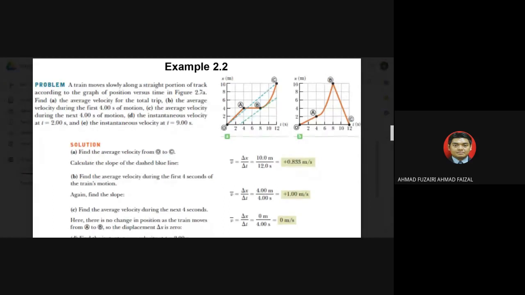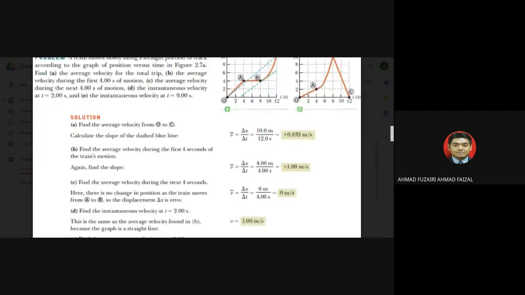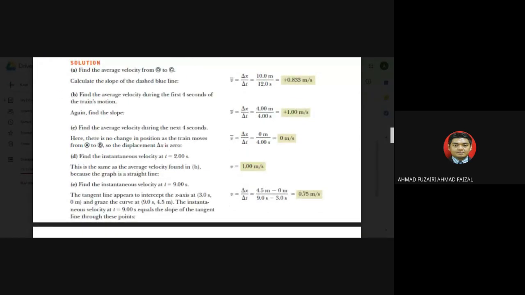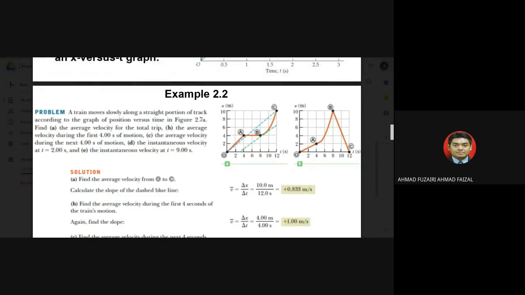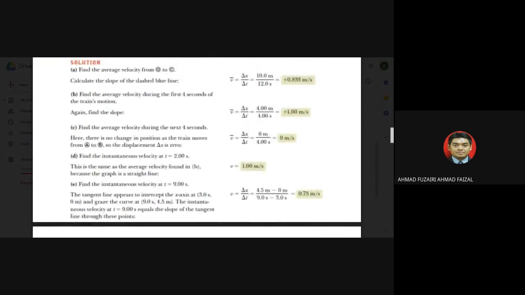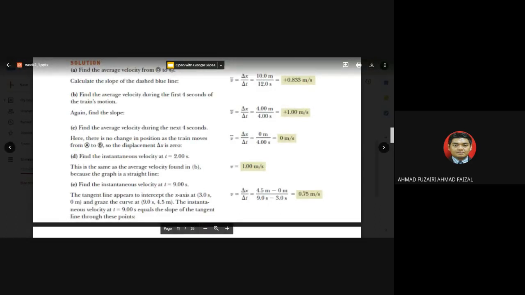Yang warna hijau tu ialah tangent kepada point 9 seconds. So kalau tengok dekat situ, calculation dia ialah 4.5 minus dengan kosong bahagi dengan 9 tolak dengan dekat sini lebih kurang 3. So sebab tu jawapan dia 4.5 tolak kosong, 9 tolak 3 dapat 0.75 meter per second.